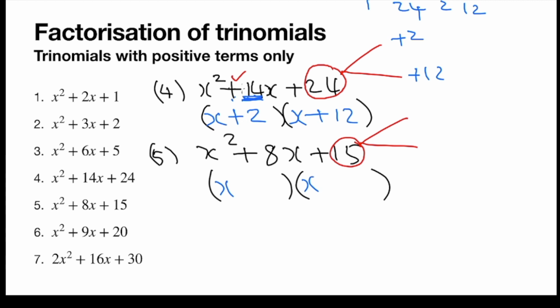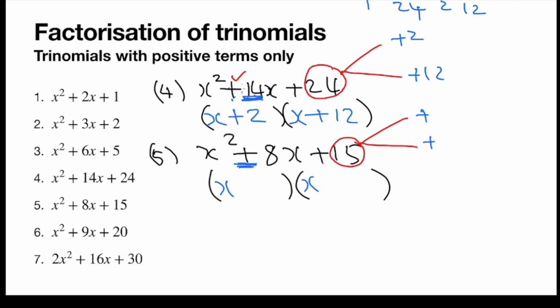But in this case, 15 is positive, which means the two numbers should carry the same sign. The two numbers should both be positive or both be negative. So are they both positive or are they both negative? I know the numbers should be both positive, and I know because I'm trying to get a plus for the middle term. So they should be positive as well.